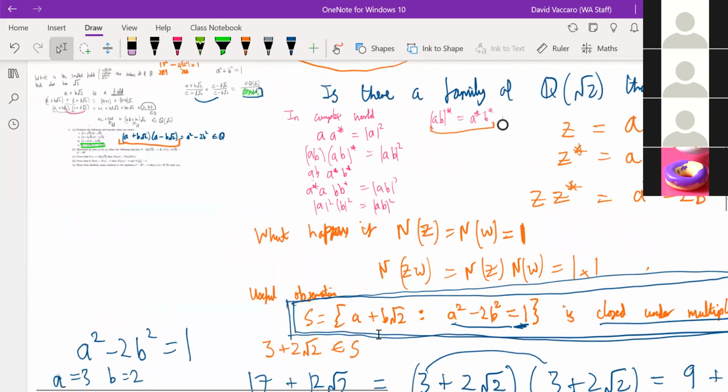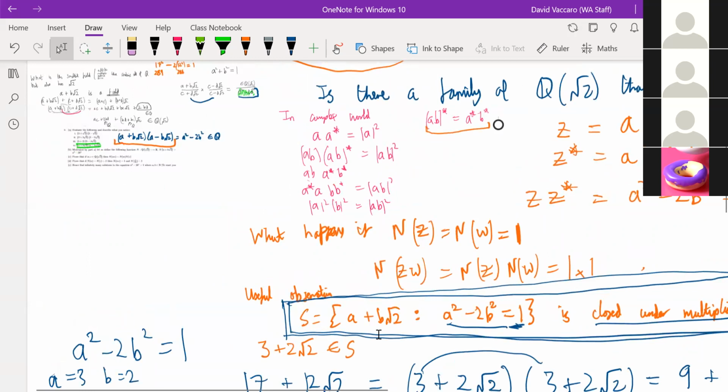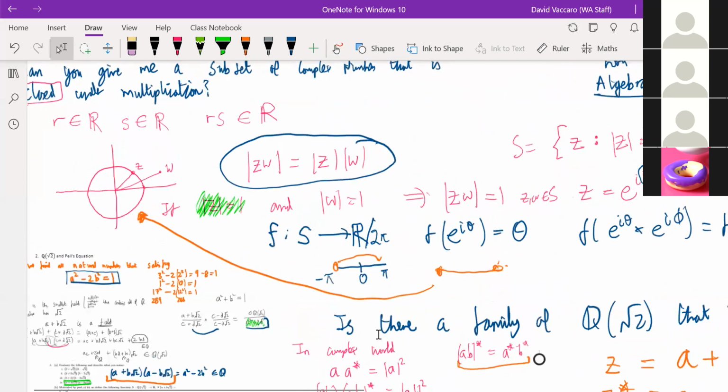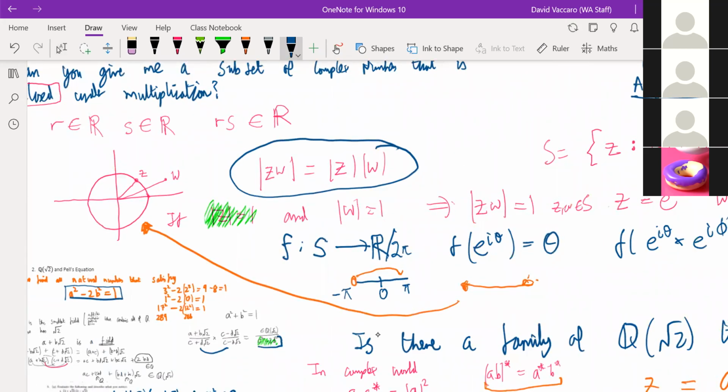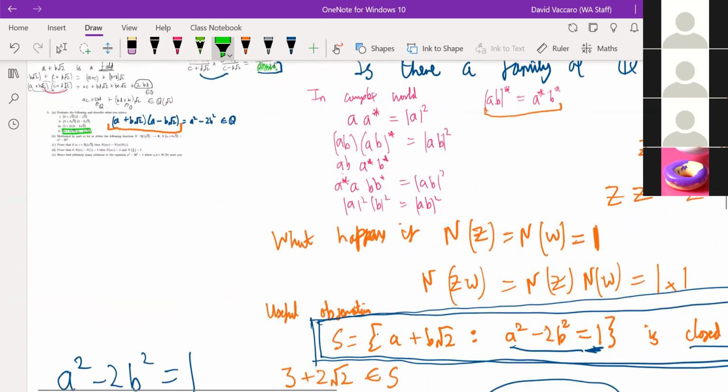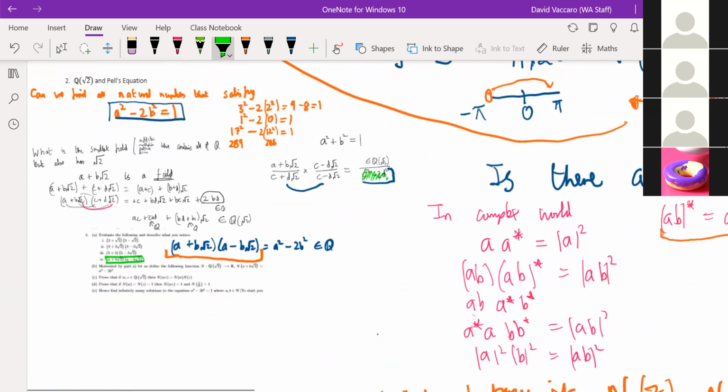I hope this whets your appetite for maths or physics at university, because what's happened here is we've realized that in the complex field, the modulus is an important function. Then what we did is, the modulus is important.